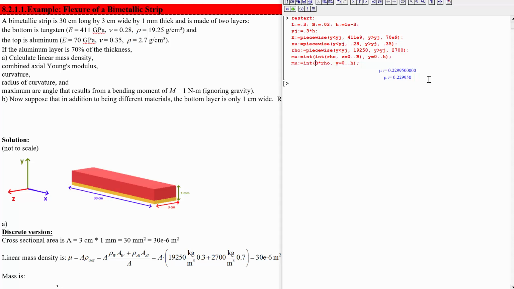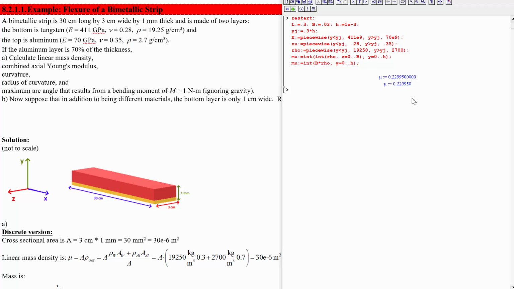This is maybe a little bit more convenient for incorporating a width that depends on the Y value too. So if you have this beam that is a different width at the top versus a different Y value, then writing the area integral like this will be a little bit more convenient for incorporating that.